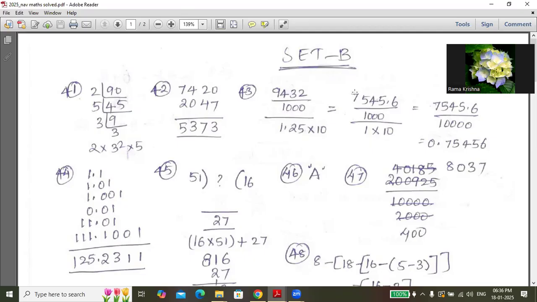While I am doing that, in the right hand side number also, as I have divided by 1,000 here, here also I have divided by 1,000. As I multiply the denominator with 10, here I wrote the denominator as 1 and multiplied with 10. So at the end, this whole number needs to be divided by 10,000, which results in the movement of the decimal point after 4 digits. So this is 1, 2, 3, 4, and already one digit is there. So 0.75456 is the answer.